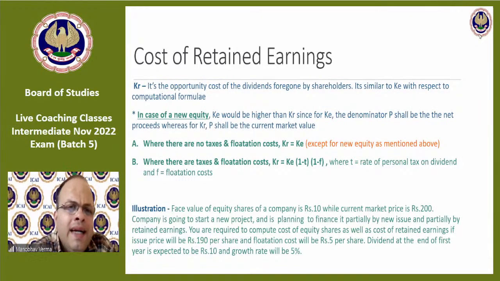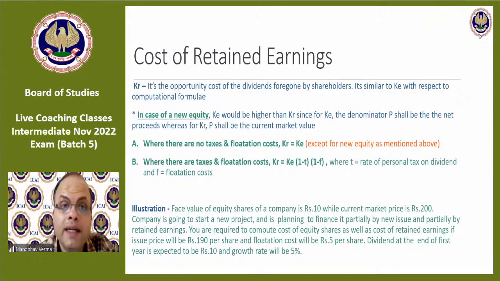As I said in the last class, when we're talking about issuance of new capital, there will be transaction cost. That means the net proceeds would be lesser, and in that case, the cost of equity would be slightly higher. We need to be very, very careful about that.